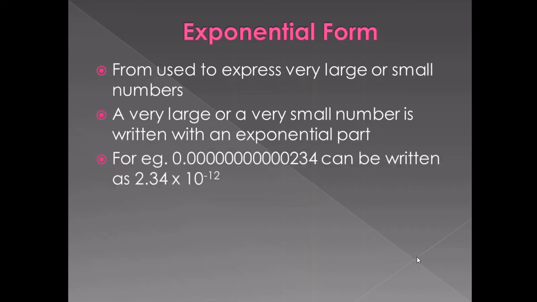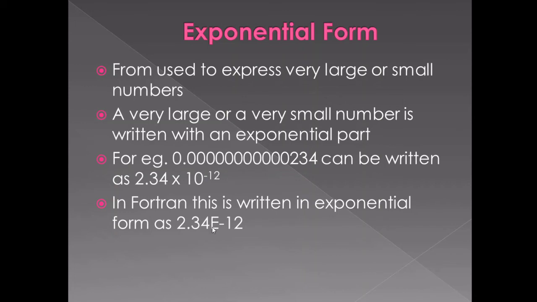Say, we have a number 0.00011 zeros 234. It can be written as 2.34 into 10 to the power minus 12. In Fortran, this 2.34 into 10 to the power minus 12 can be written as 2.34 e minus 12.